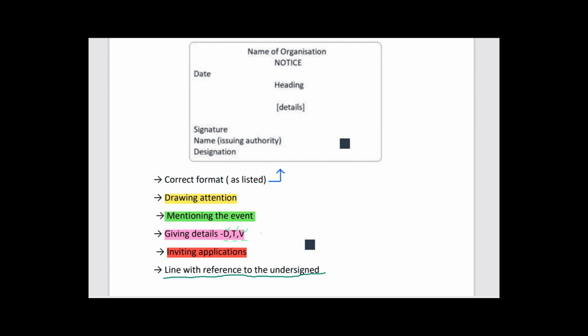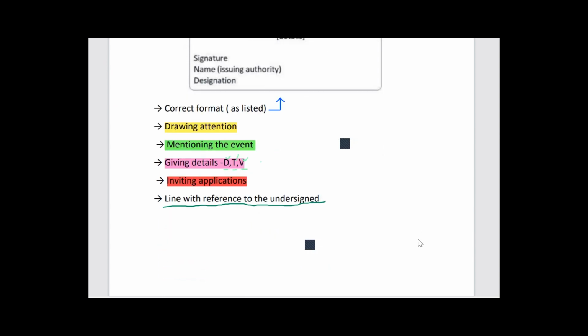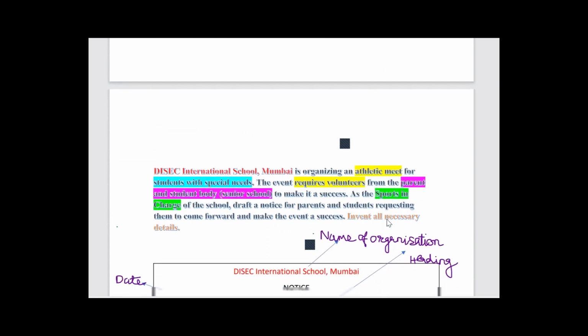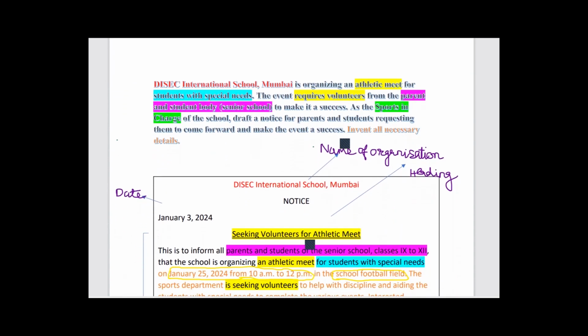Having said all this, let's move forward to see how we are using all of the things that are mentioned here in solving a question. So here is your question. Let's look at the question first.